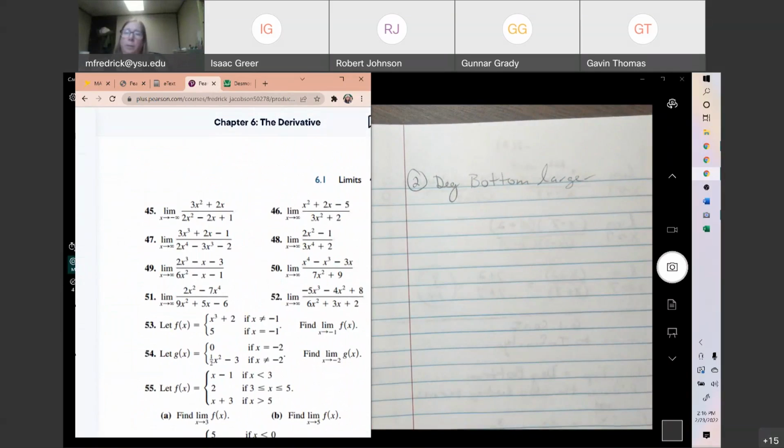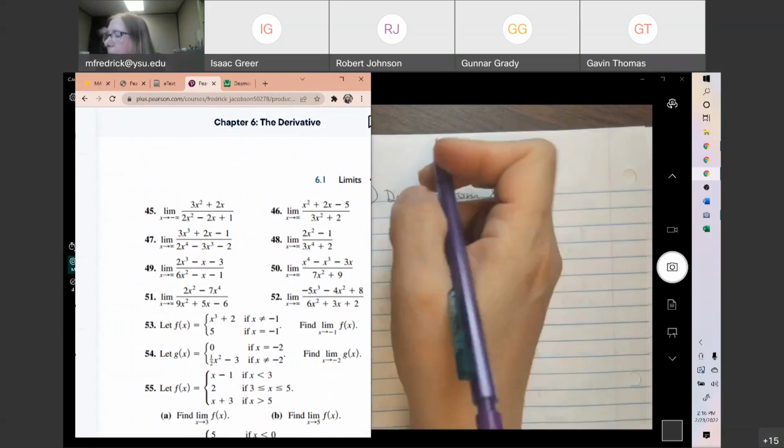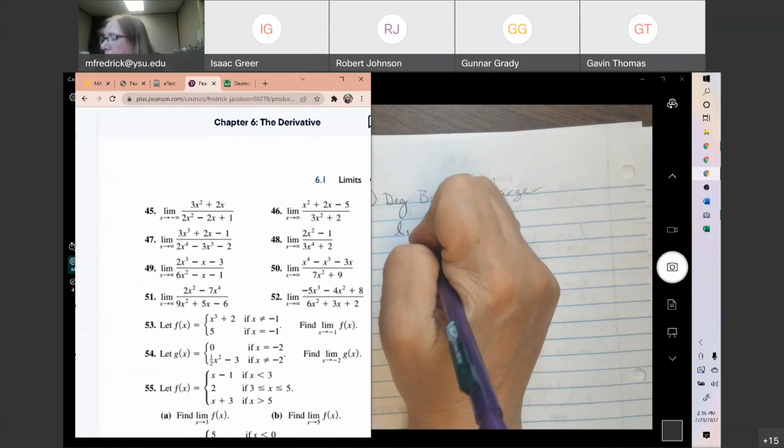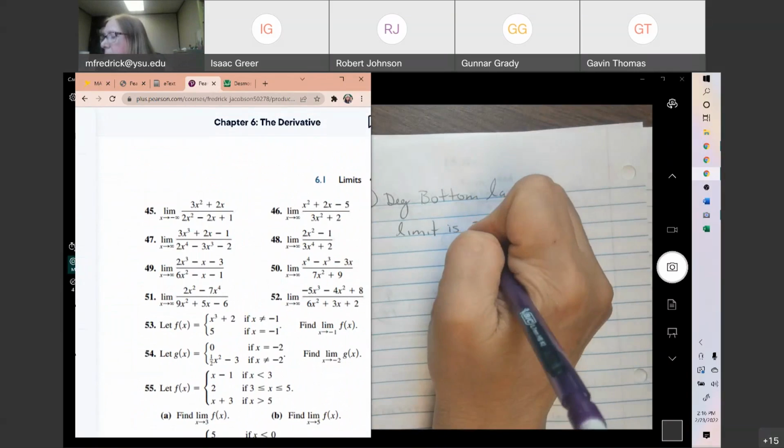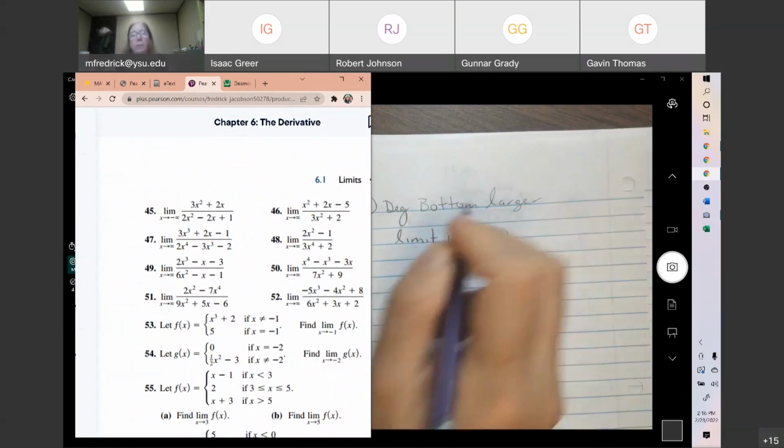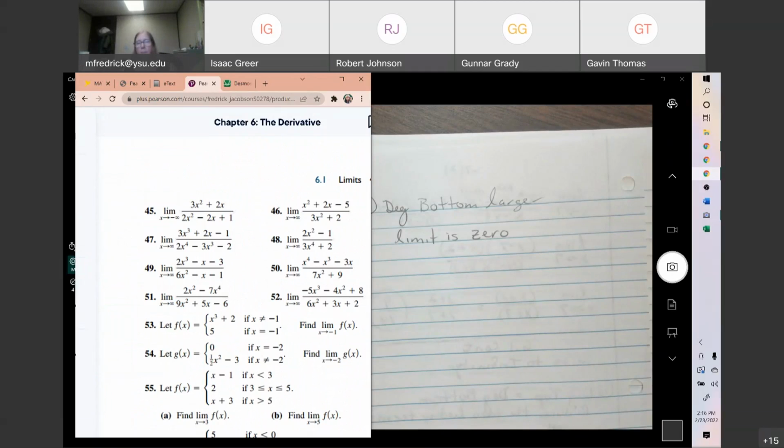When the degree on the bottom is larger, the limit is 0. Because the bottom is going to grow a lot faster. And when you take a small number divided by a large number, it approaches 0.